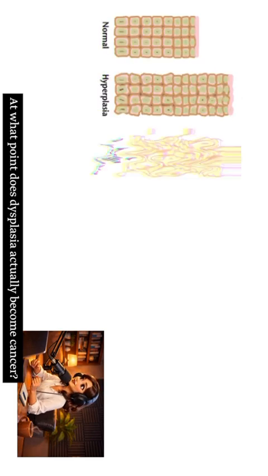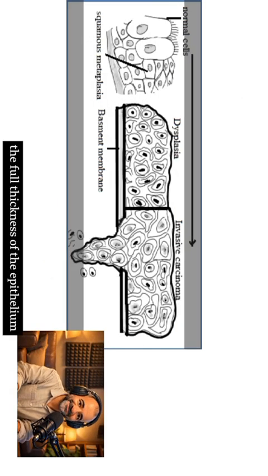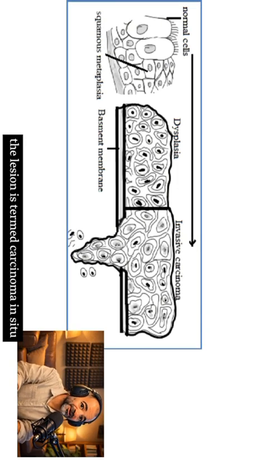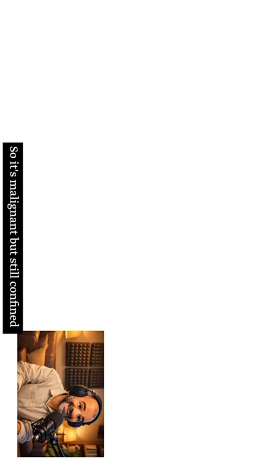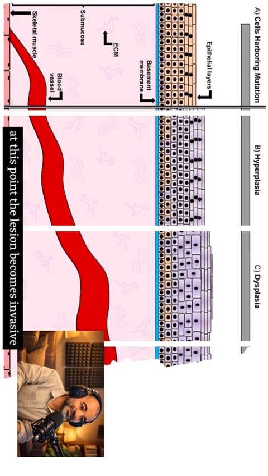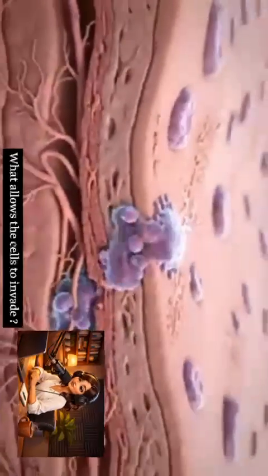At what point does dysplasia actually become cancer? When dysplastic changes involve the full thickness of the epithelium, without breaching the basement membrane, the lesion is termed carcinoma in situ. So it's malignant, but still confined? Exactly. The critical step occurs when tumor cells breach the basement membrane. At this point, the lesion becomes invasive oral squamous cell carcinoma. What allows the cells to invade?